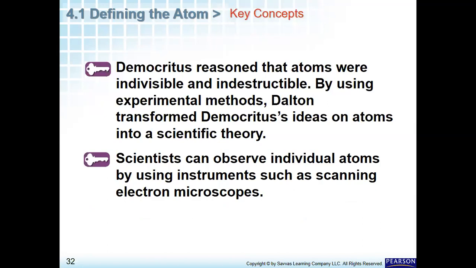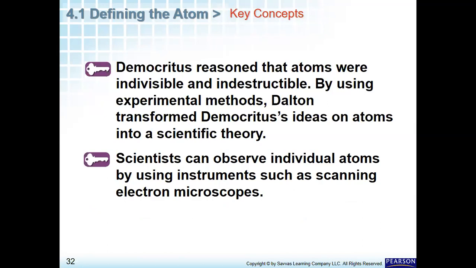Okay, for that, guys, let's go over the concepts we gathered within this lesson. Democritus reasoned that atoms were indivisible and indestructible, and that was supported with evidence and experimental methods by Dalton, who transformed Democritus' ideas into atomic scientific theory.